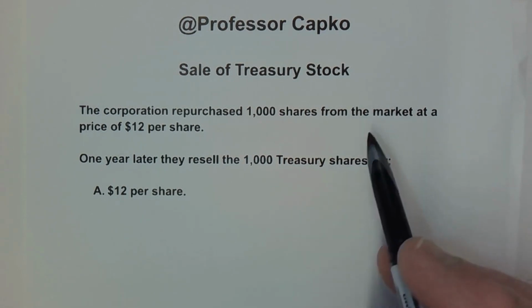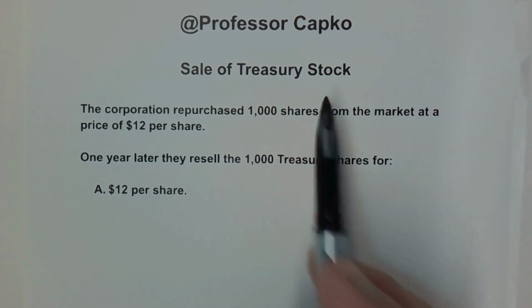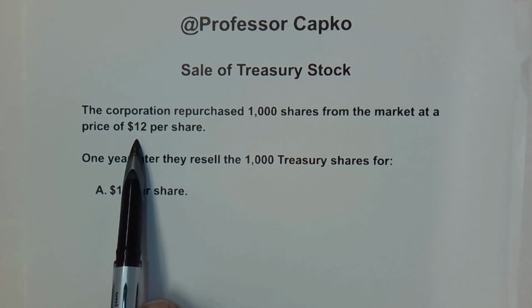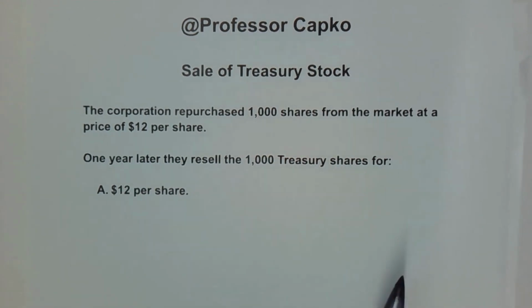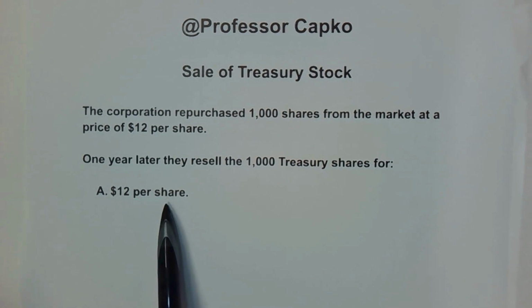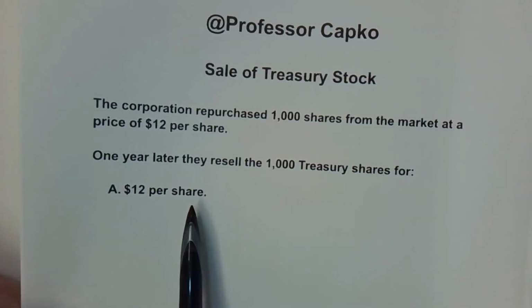Here, we're going to talk about treasury stock and the sale of treasury stock in particular. We're going to talk about three scenarios. If you recall, as I mentioned at the beginning of the video, this treasury stock is sitting in the treasury at a price of $12 per share. So in our first example, we're going to resell it at that exact same price, the $12 per share.